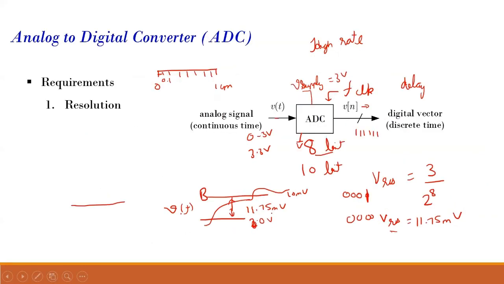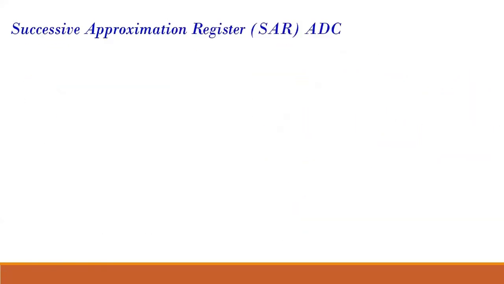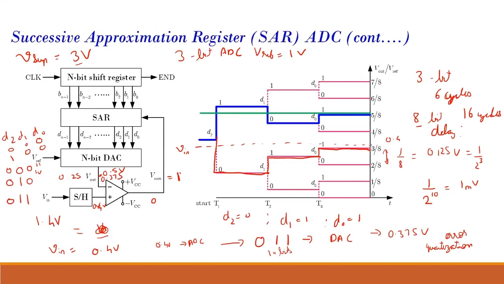Now, if you go over here to the ADC, suppose the input was 0 volt. It will show 0. Suppose it was 0.125 volt. It will show 0, 0, 1, so the least significant bit is set. Suppose the value was less than this, say 0.0625.